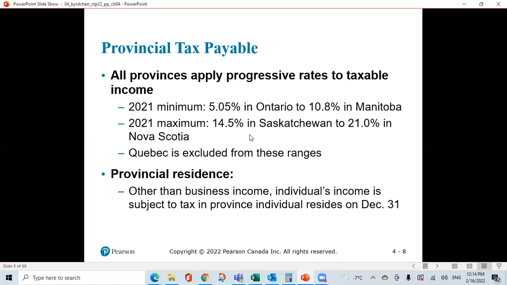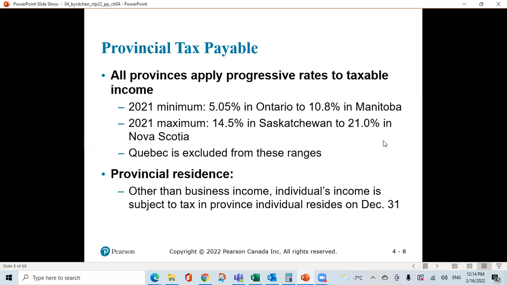But when you look at this chart, you can notice significant differences in rates between provinces. The maximum rate ranges from 14.5% in Saskatchewan, which is the lowest province in Canada, to 21% in Nova Scotia.